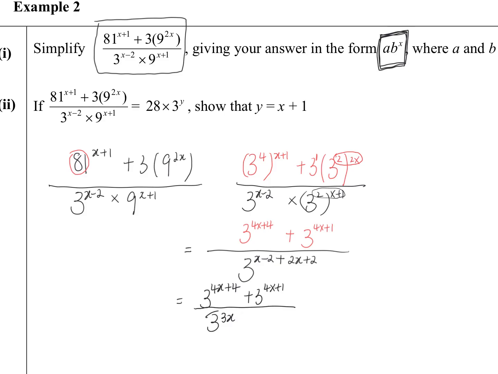So that means I must be able to simplify this away. So if you want, you can extract the common factor 3 to the power of 3x on top, so that you can cancel it out. So if I take out 3 to the power of 3x, I'm only left with 1 to the power of x and then the plus 4 there. Okay, if you add back the power, it should give you the same thing. So same thing here, I take out the 3 to the power of 3x, so I'm left with x plus 1. Okay, so the 3 to the power of 3x at the bottom will cancel out.